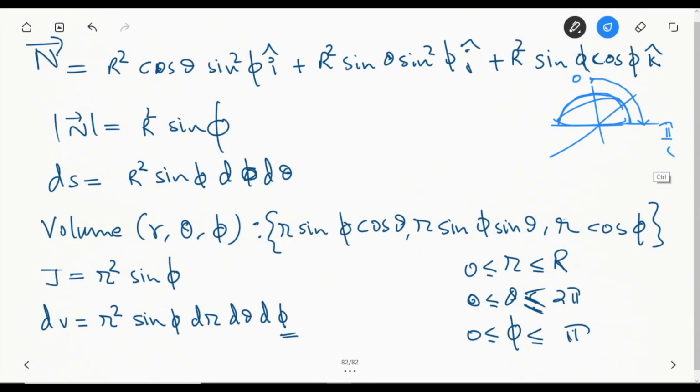It is very clear that it is not going up to pi, whereas theta will still be making 0 to 2 pi, and if it is volume, r will also go from 0 to capital R. The only difference will be for phi, right? There can be other cases also, so you just have to be careful about the parameter limits. Of course, you have to remember this parameterization, you have to remember everything here. So this is how we can use parameterization, and we'll see how to use this in the theorems in vector calculus.